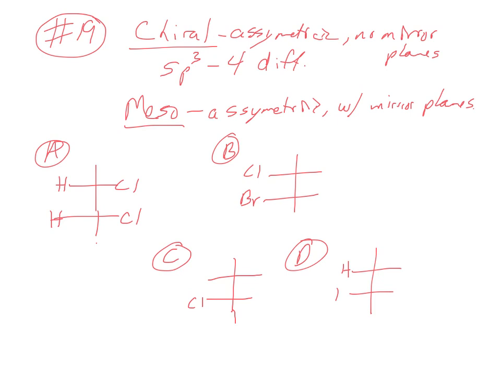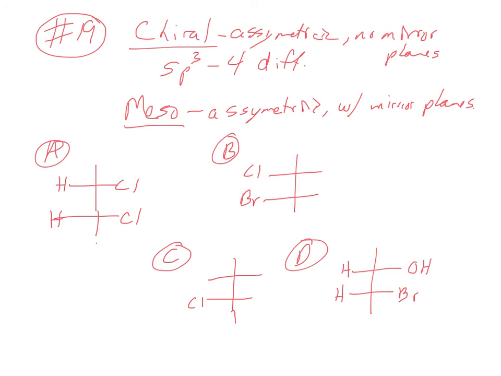So for both of these, they both require asymmetric centers. No matter what, they have to have 4 things bonded to the carbons. So which of these have asymmetric centers in the first place? Chiral and meso refer to the molecule.